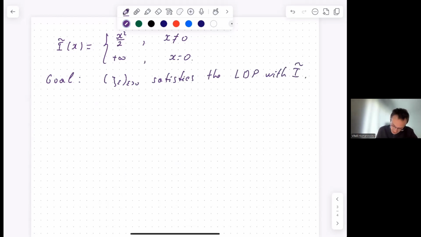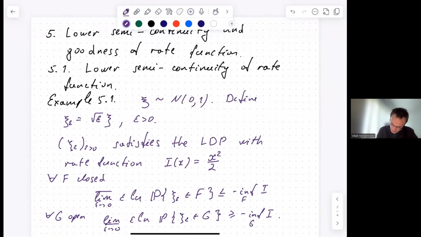And why is it so? Let's start the discussion with the case where the inequalities are simpler.